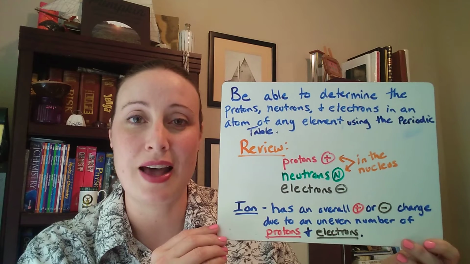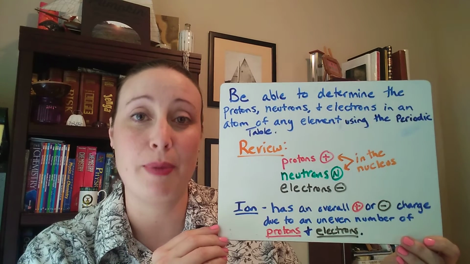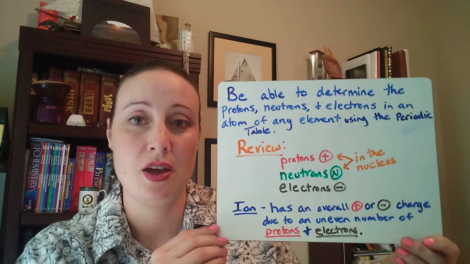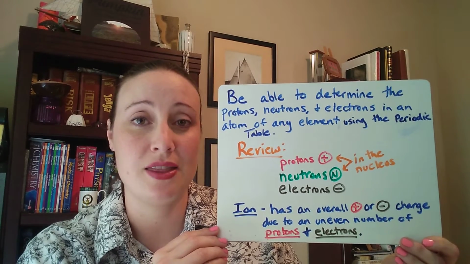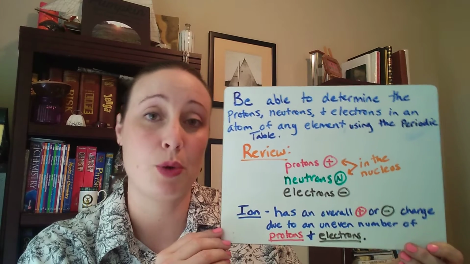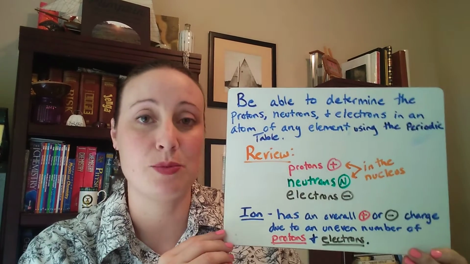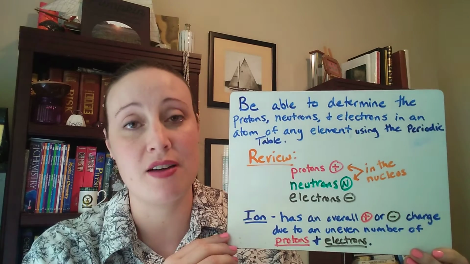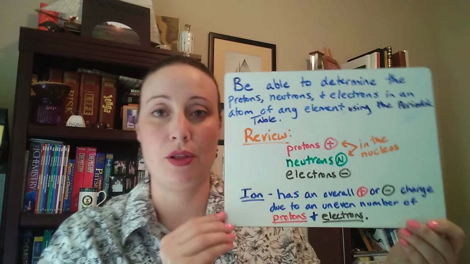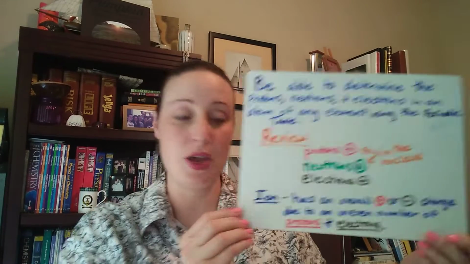Remember that an ion has an overall or a net positive or negative charge because that means the protons and the electrons aren't equal. So if it has more protons, it's going to be a positive ion. That's a cation. If it has more electrons, it's going to be a negative ion. That's also called an anion. So we learned that vocabulary last week.